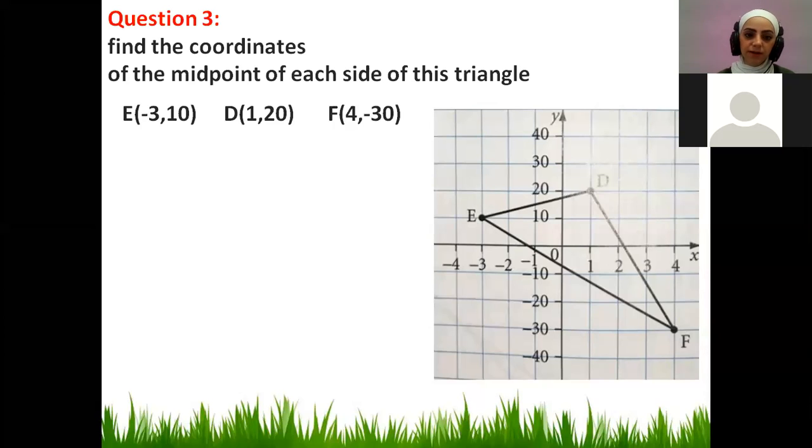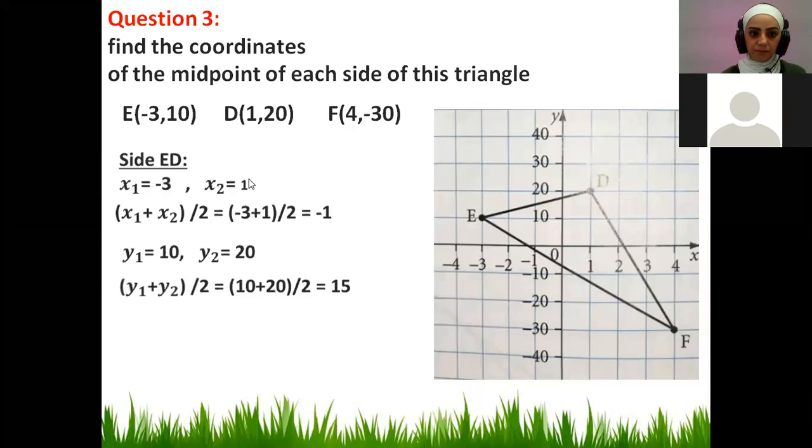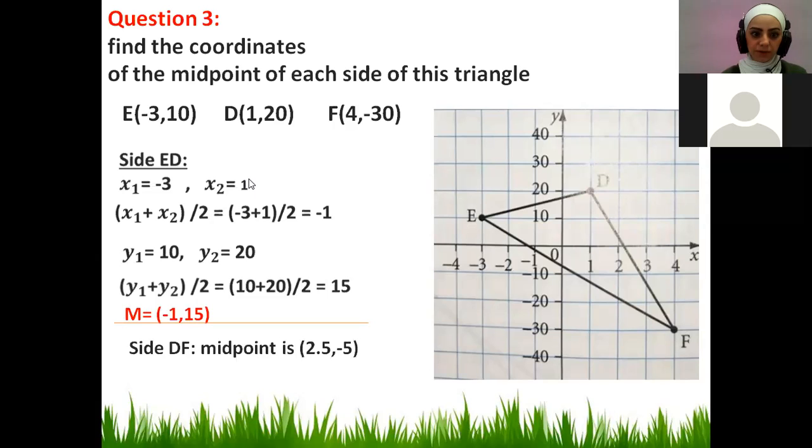So, Faisal, one of the girls already found the midpoint of this side. Let's find another side. Which side? You have DF and EF. Let's find the midpoint of DF.